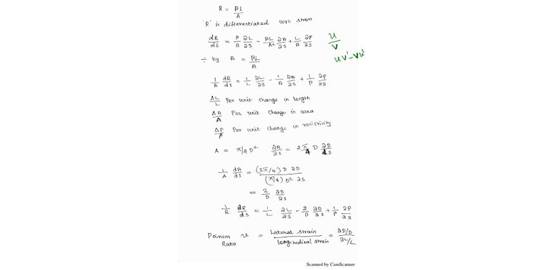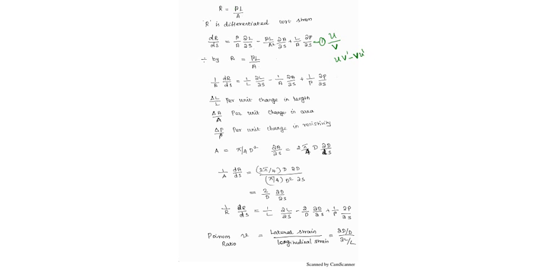So it is minus rho L by A square into ∂A by ∂S, then plus ∂rho by ∂S into L by A. This is equation number 1.